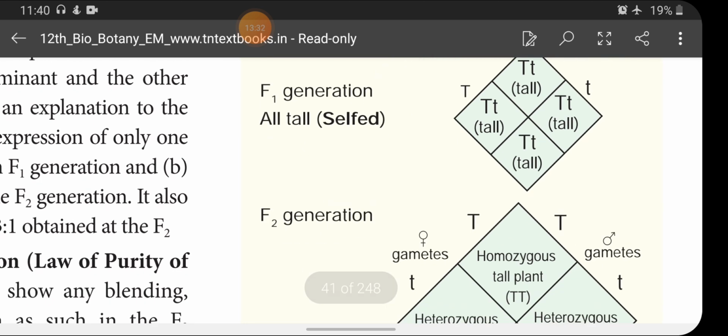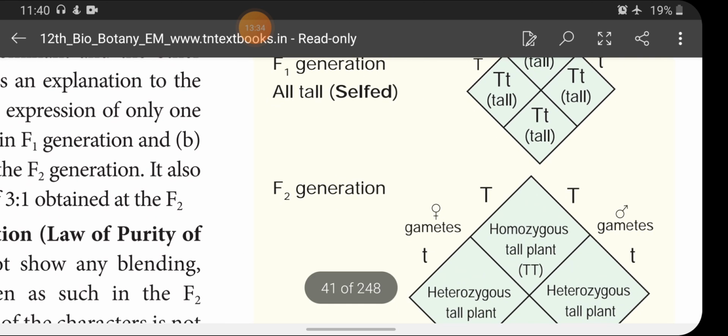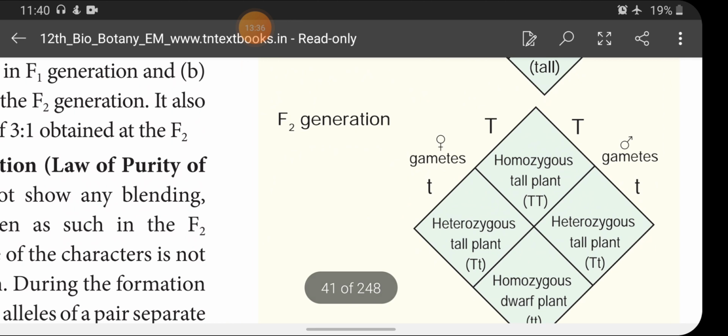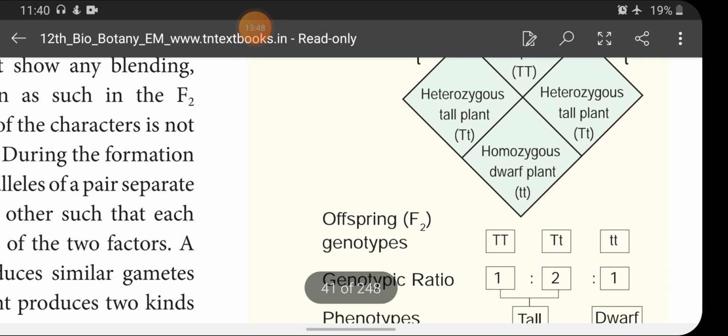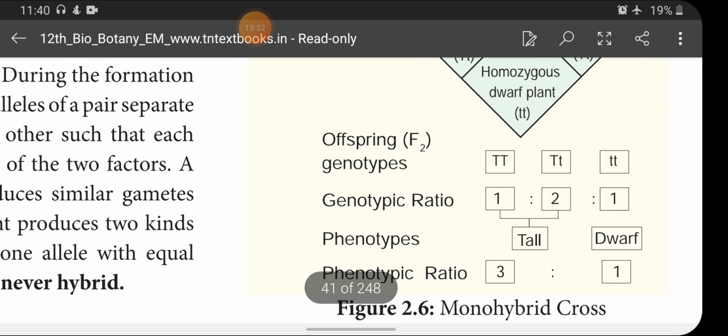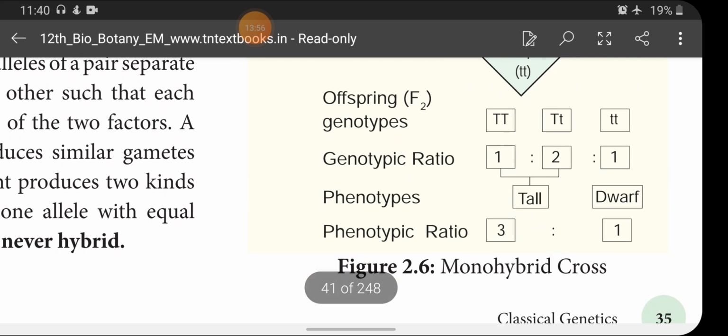When we do the self-pollination of the F1 generation, we will get 3 tall plants, 1 dwarf plant. Among the 3 tall plants, 1 is homozygous tall, and the rest of the 2 are heterozygous tall, and the dwarf plant is in the ratio of 1 homozygous dwarf plant. So this is 1:2:1 in the ratio. The F2 generation will be sown.